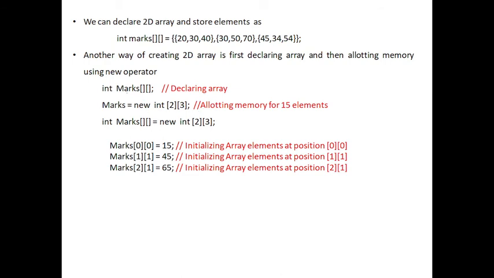So this part and this part we combined. In this way also you can write. If you combine these two steps, it becomes a single statement like this. So this is declaration, this is memory allotment. You may follow this procedure writing two steps separately, or you may combine these two statements. It is your choice, right?